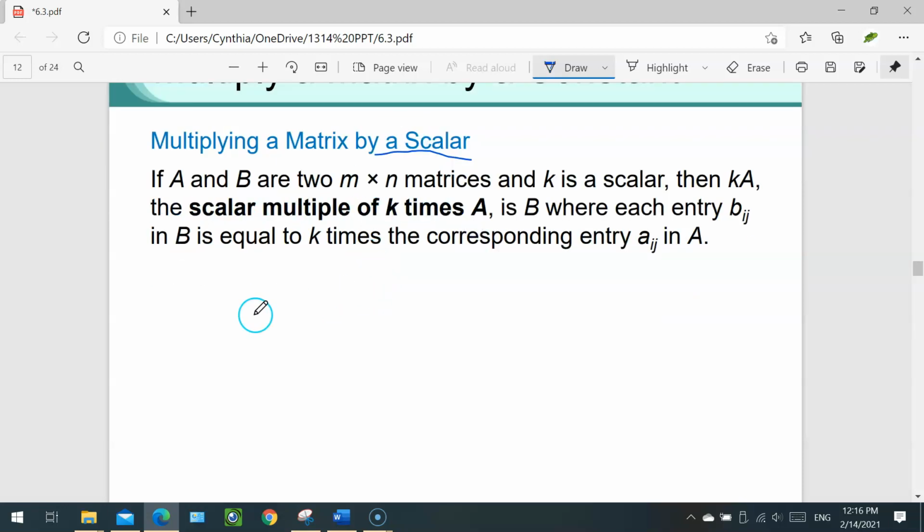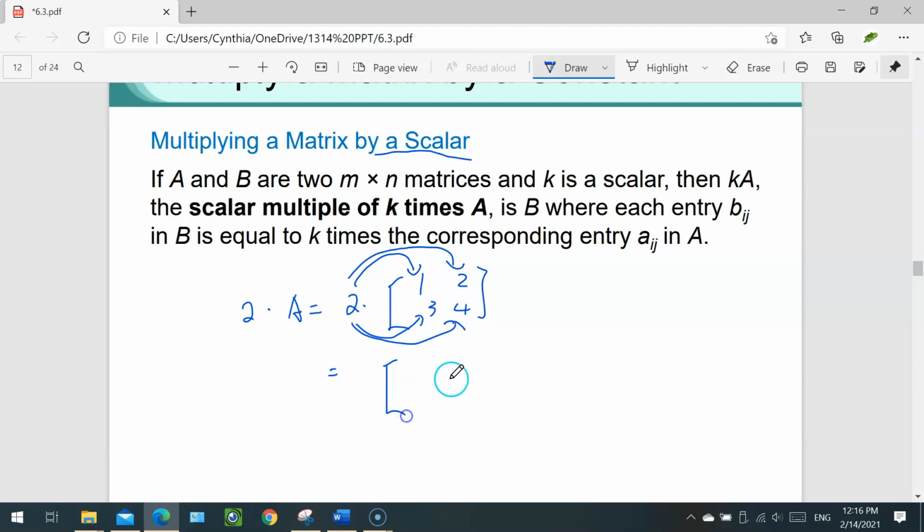So when I use a number, say 2, multiplied with a matrix A, say the matrix A is 1, 2, 3, 4, you simply distribute this scalar number into each element of the matrix A. So it will turn to 2, 4, 6, and 8. And that's it.